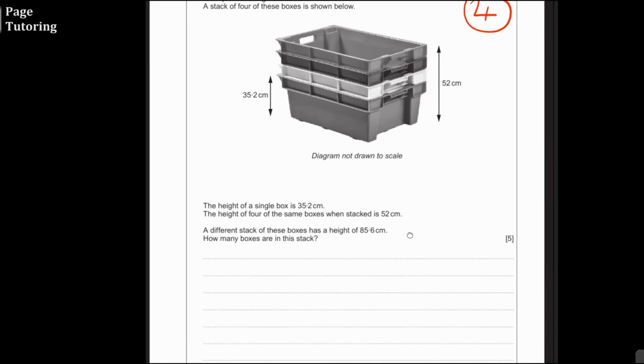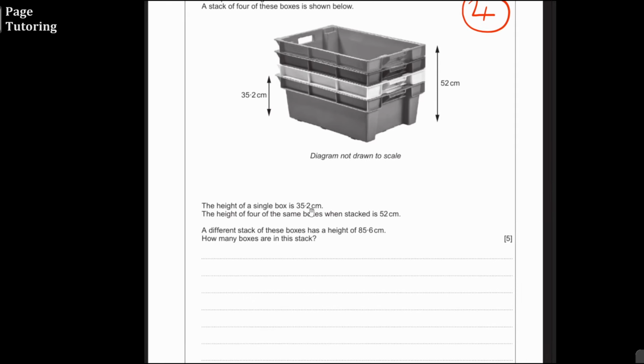The height of a single box is 35.2 centimeters, and we can see that labeled on the diagram. It says the height of 4 of the same boxes when stacked is 52 centimeters. So that's also labeled on the diagram. It says a different stack of these boxes is a height of 85.6 centimeters. So how many boxes are there in this stack?